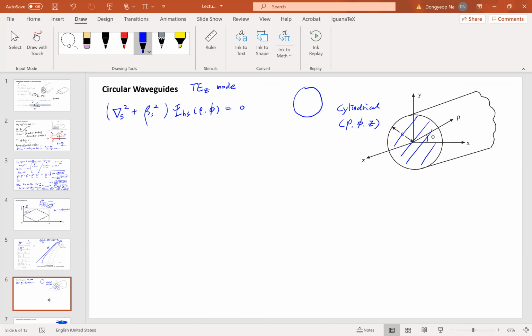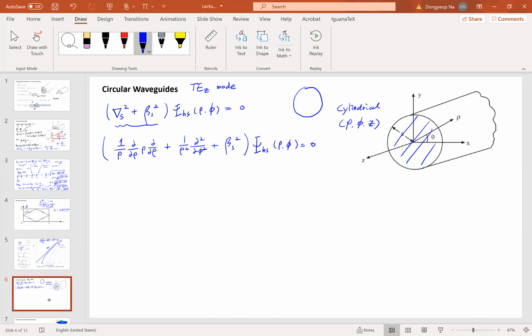So if we explicitly write this part in the cylindrical coordinate system, it's going to be 1 over rho, more complicated, just the Laplacian operator in the cylindrical coordinate system, plus beta squared, psi of rho and phi is equal to 0.